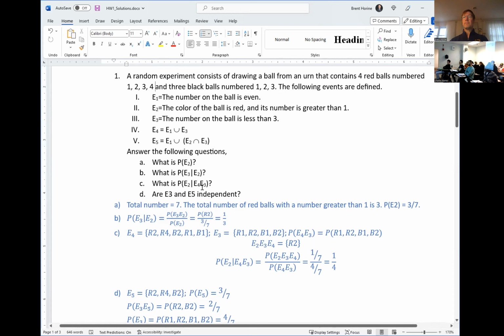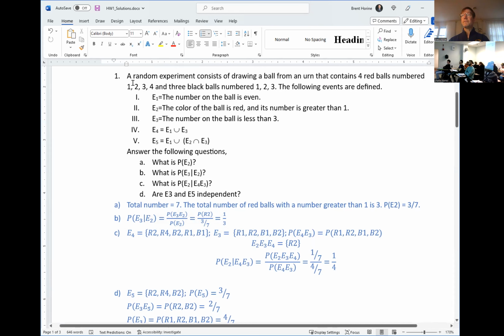Now we look at the conditional. What is the probability of E3, given that we know that E2 was satisfied? You can write this out as that intersection divided by the marginal probability of E2. Up here, this is the probability that we're going to have an R2, right? If you look at this, the number of the ball is less than 3, but it still needs to be red and greater than 1.